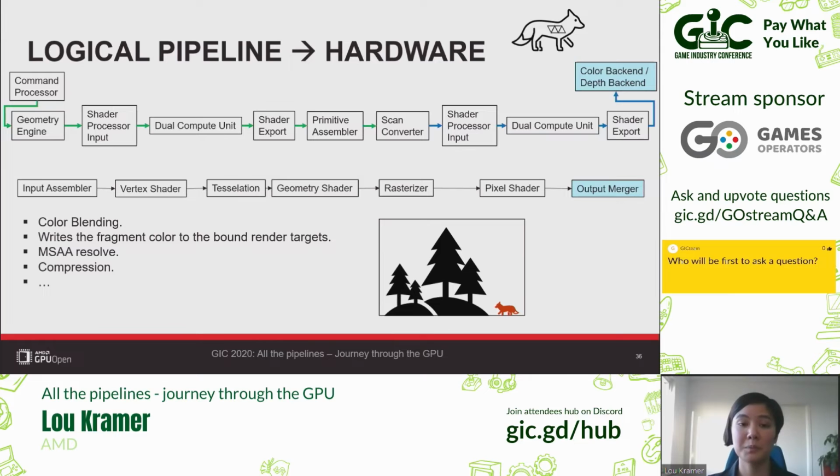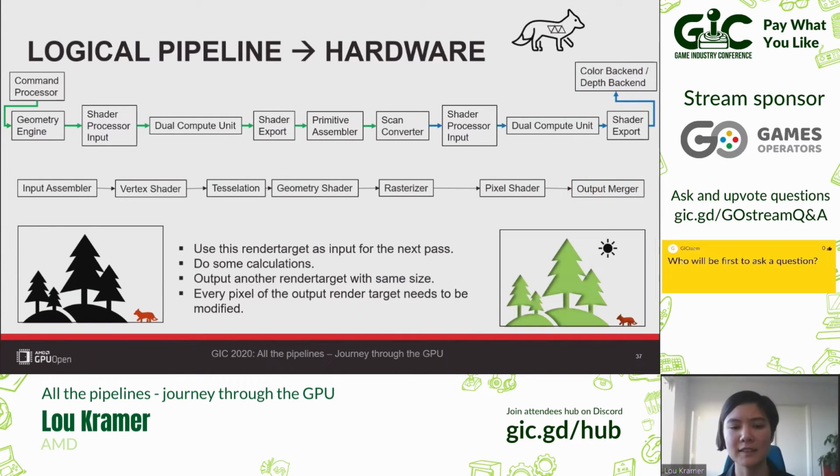And then if you did all this processing, at the end you usually want to display this render target on the screen. So in our example, we are not quite there yet because now we processed our object. This example was just a fox, but now we also want to add some fancier lighting. And this would be a typical post-processing step.